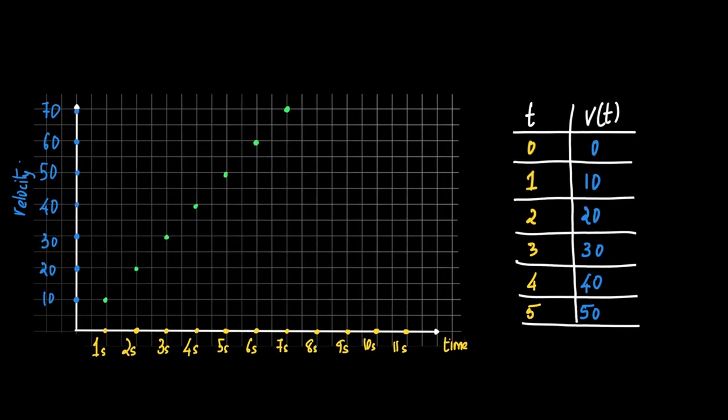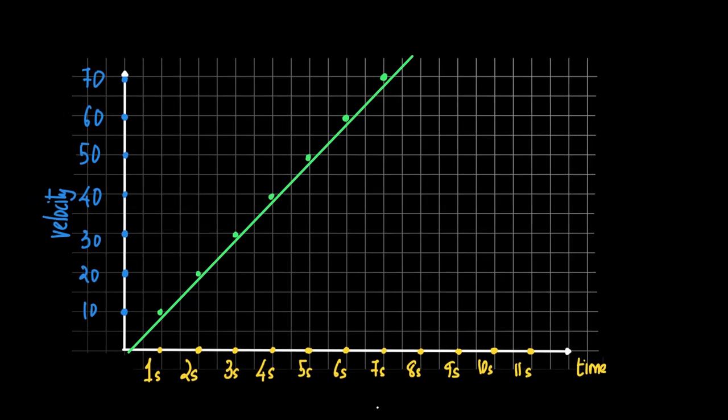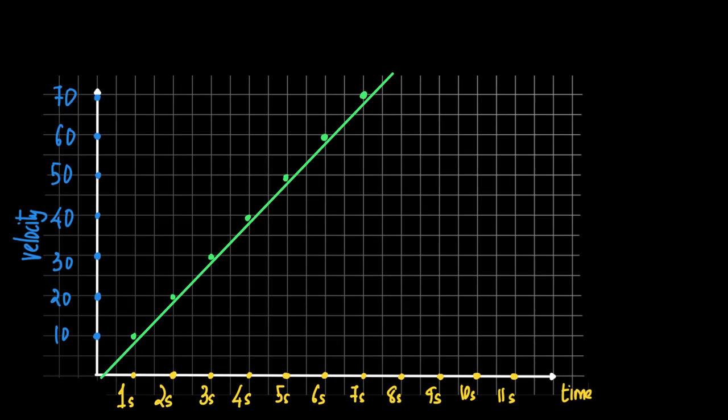So when we plot it, we have 0 corresponding to 0, this point over here, the origin. 1 corresponding to 10, 2 to 20, 3 to 30, 4 to 40, which means we get a straight line like this, right? So we have the velocity time graph now. Velocity along y-axis, time along x-axis, and a straight line.